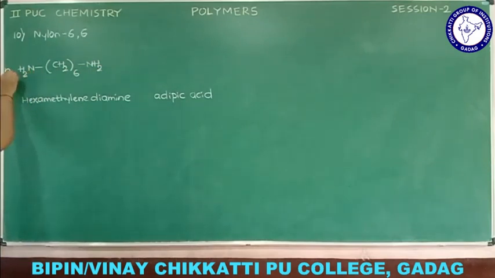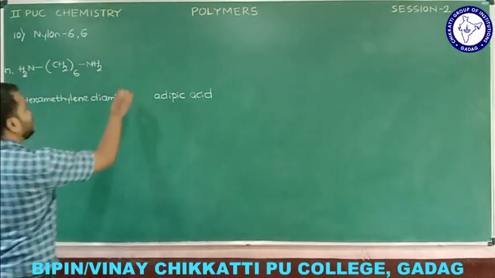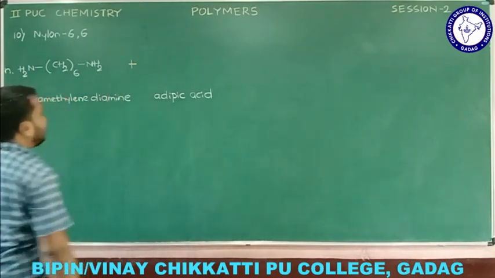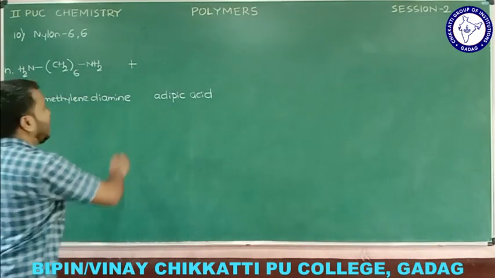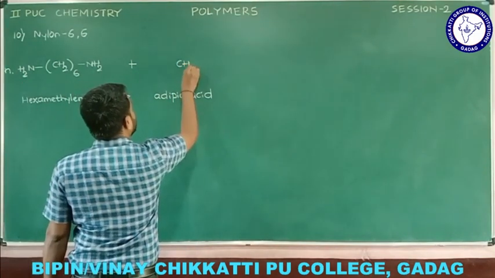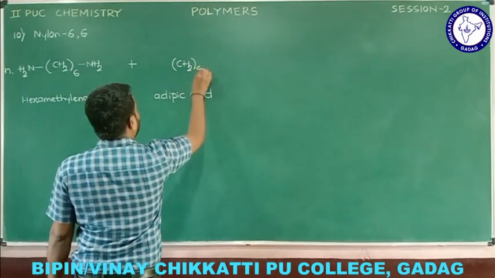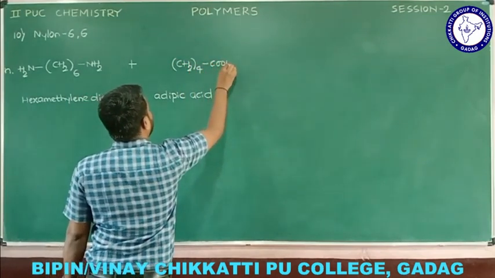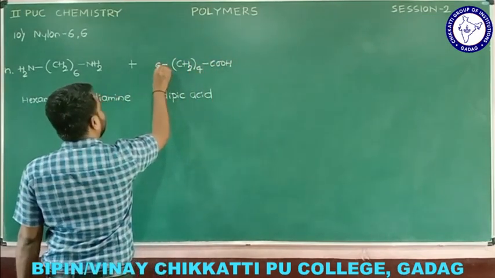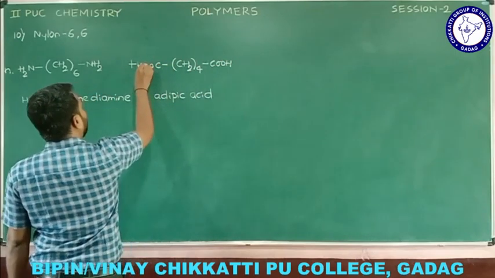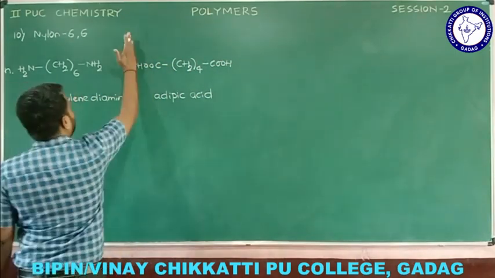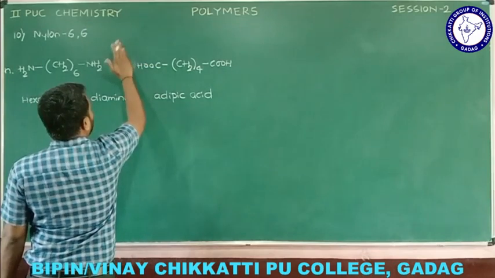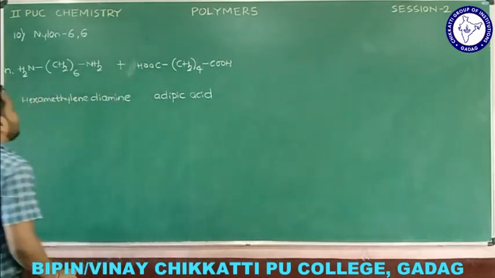This is a monomer, n number of difunctional monomers, and we can guess this belongs to condensation polymerization. Adipic acid: CH2 four times, here we have COOH and here we have COOH. Those are the two monomers of nylon 6,6.